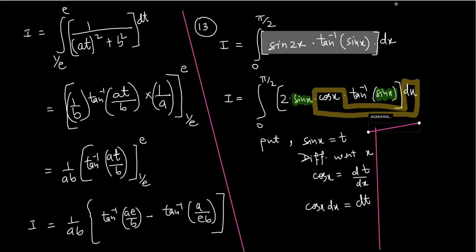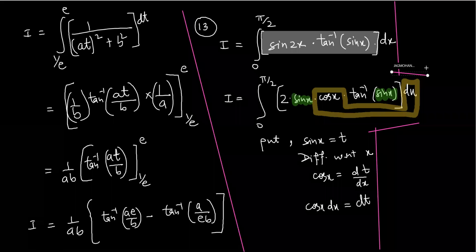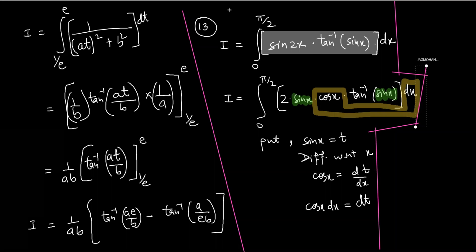I do all this demarcation of columns because I prefer to write as much of the solution as I can on one page. So here, when x equals 0, and when x equals pi by 2.